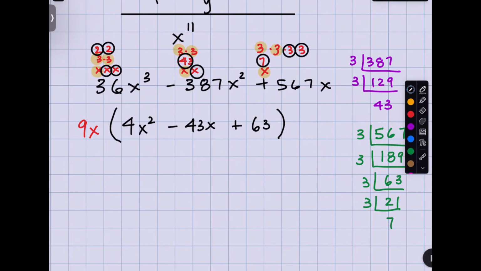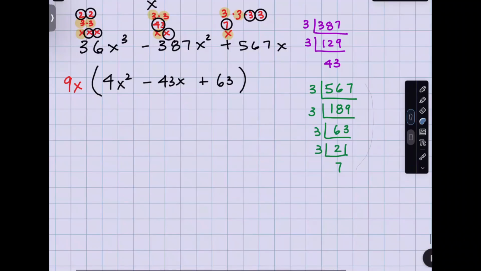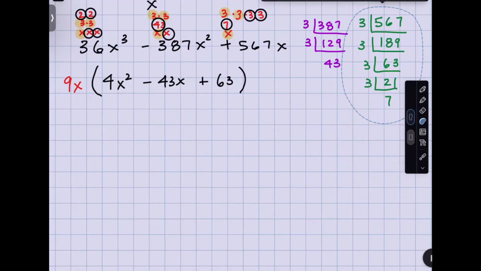Some of you might start with a 3, and then you get something and you're like, oh, there's still another one, so you do another 3. Does that make sense? Because you're not wrong, you're just not right yet. Okay, so now from here, you do the AC method. So what's A times C?